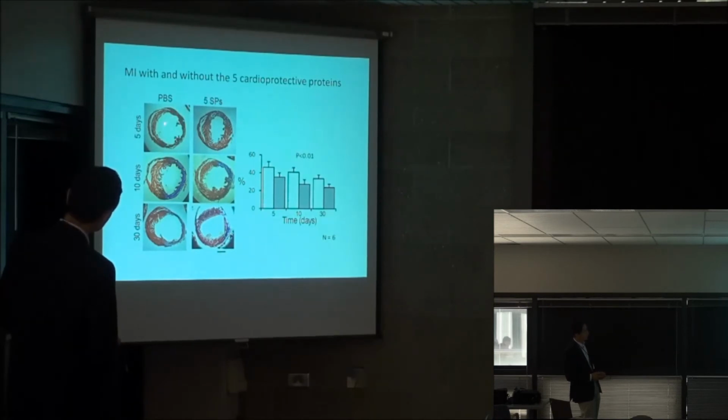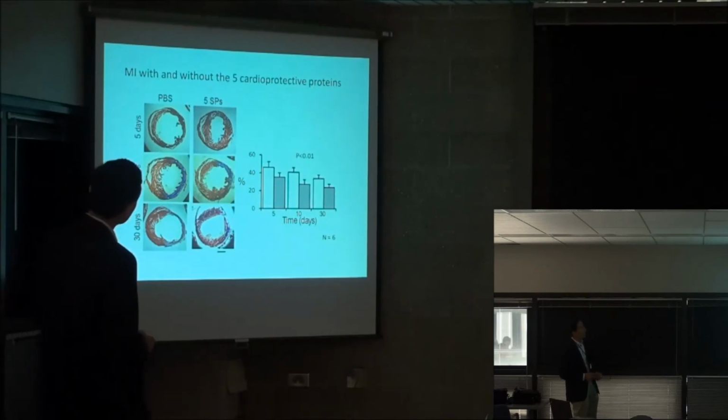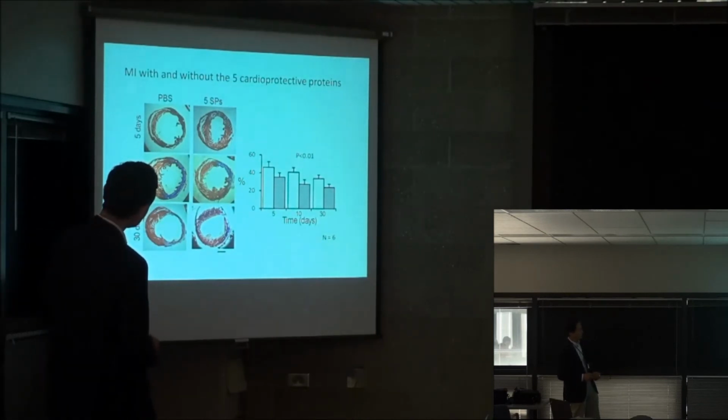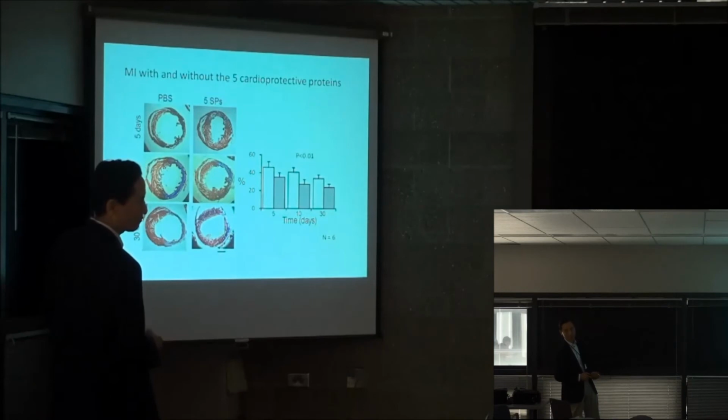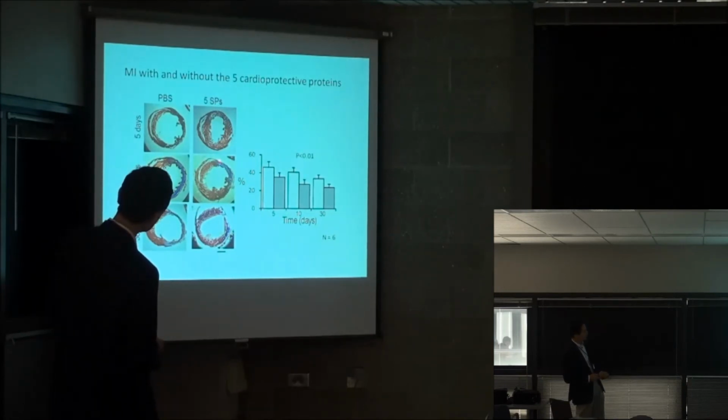You can see that at 5 days, you get that much scar, fibrosis, the scar tissue. At 10 days, the blue color shows fibrosis with scar, and likewise at 30 days. Well, after you inject a combination of the 5 liver-derived protective proteins, you can see that the blue-colored fibrotic region was significantly reduced.